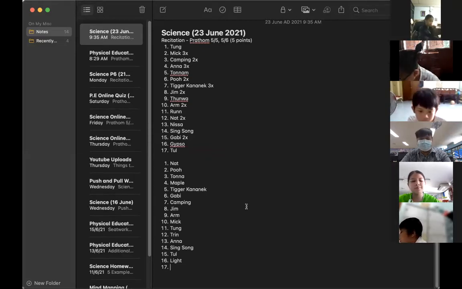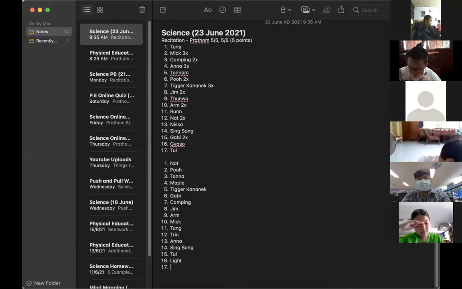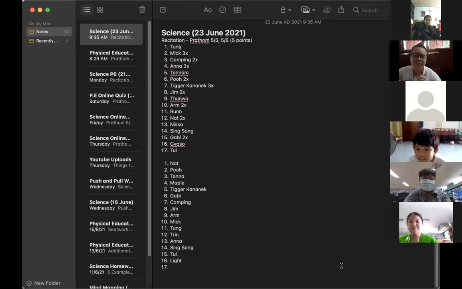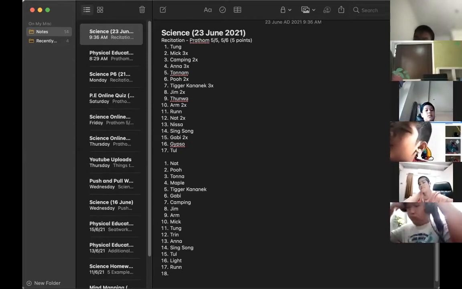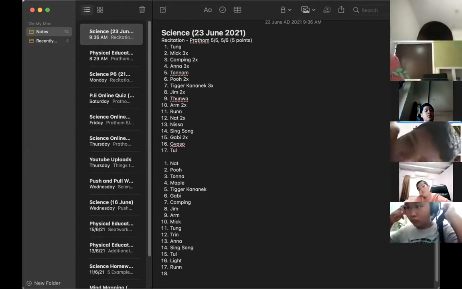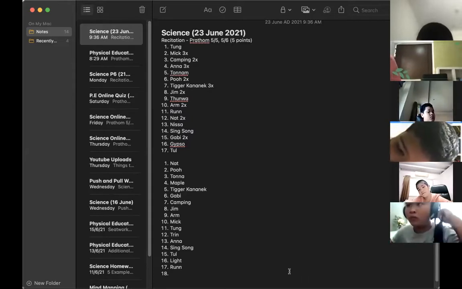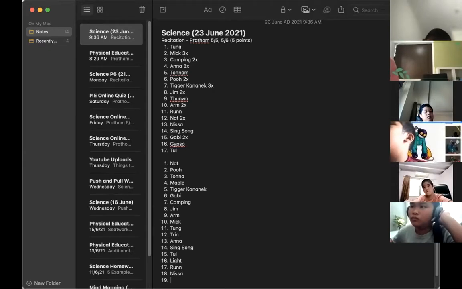Rough surface. Durian. Rough surface. Tree bark. Tree bark. What else?